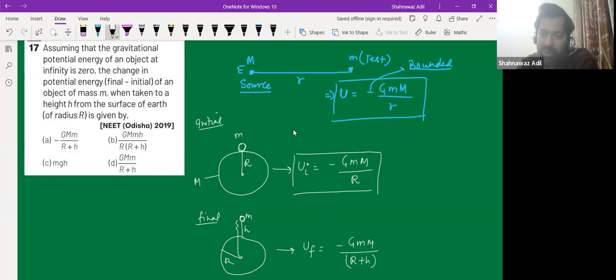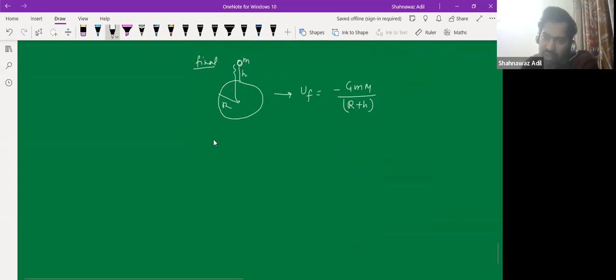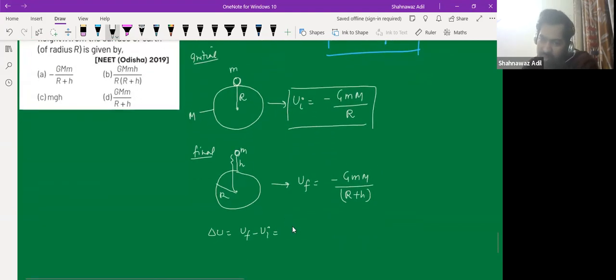Now, what would be the change in potential? Change in potential is U final minus U initial, and that would be minus GMm by (r plus h), minus of minus GMm by r.